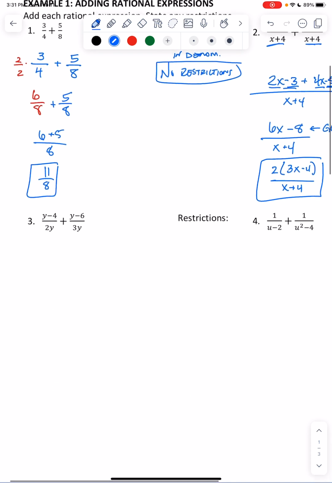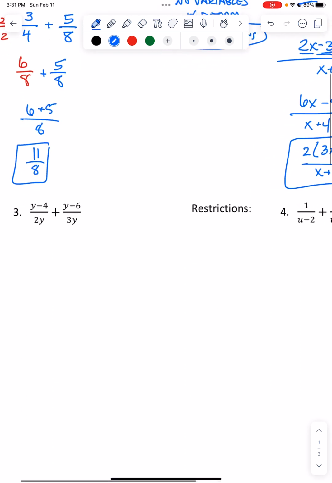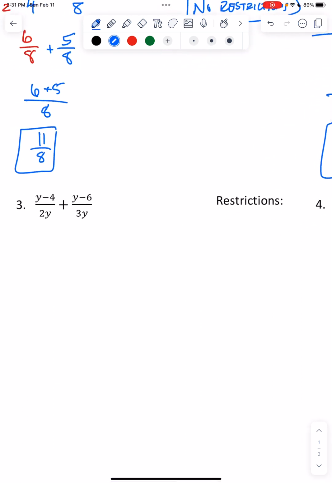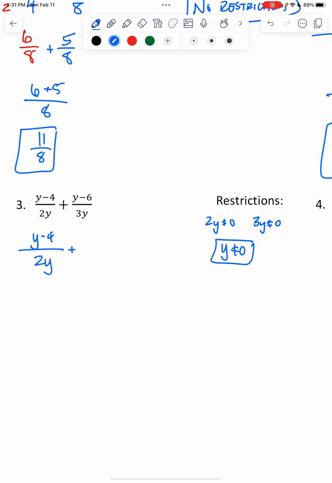Now for number 3, nothing we can factor here. If we look at the restrictions, 2y and 3y, both of those give us y cannot be 0. As we work with these, we cannot add them together because 2y and 3y are not the same thing.